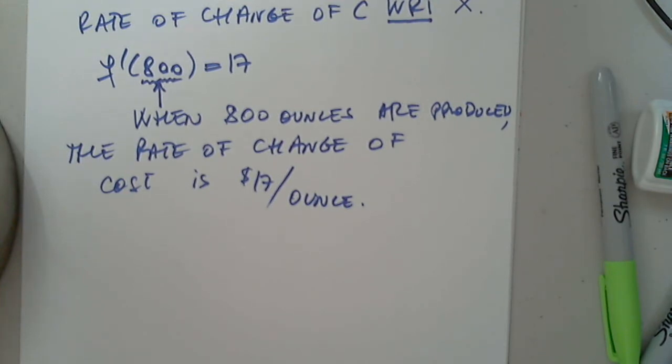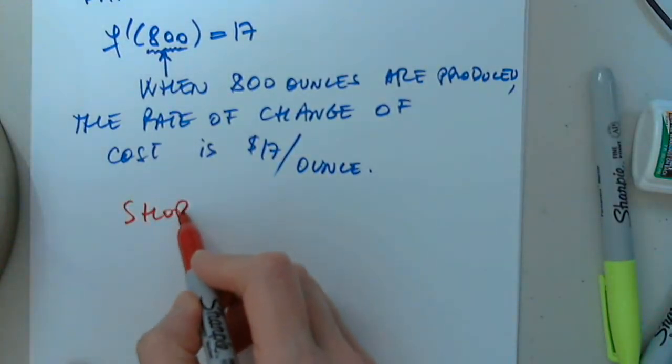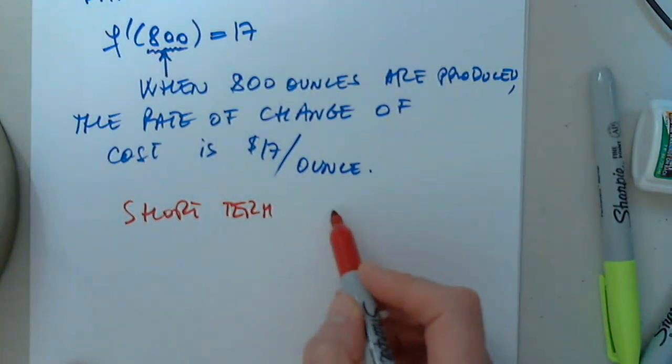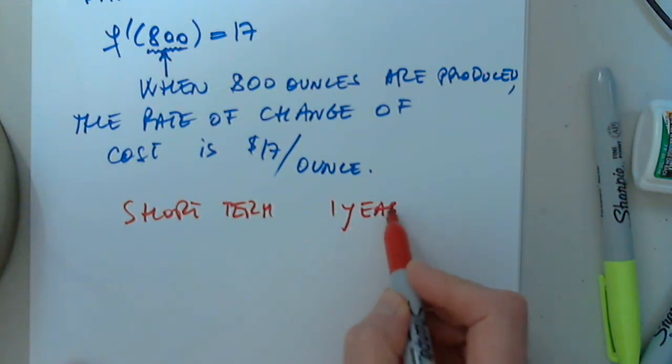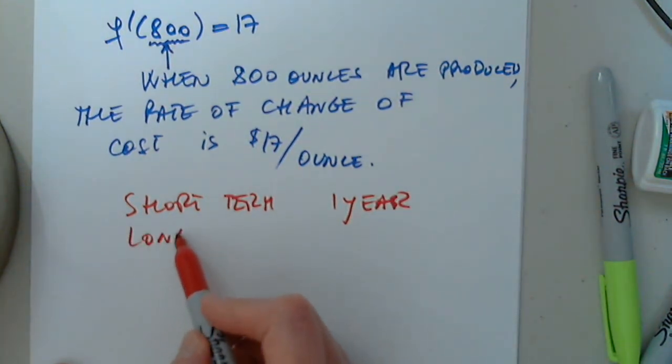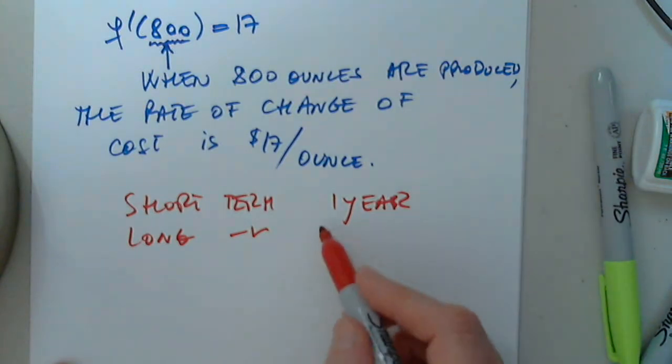So what do they mean by short term and long term? Short term is something like a year. Long term could be 10, right?